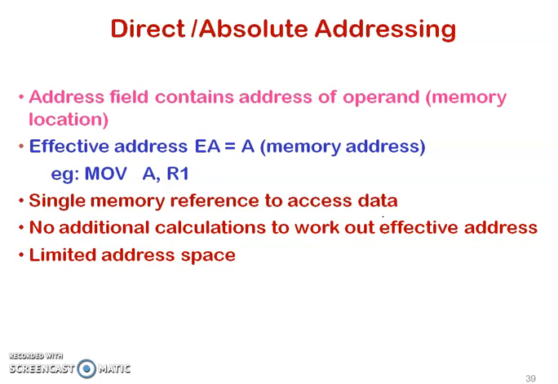Then direct or absolute addressing mode. In that case, the address field contains the address of the operand, which means that it will be having the memory location. So as said earlier, memory location will be represented using some names.